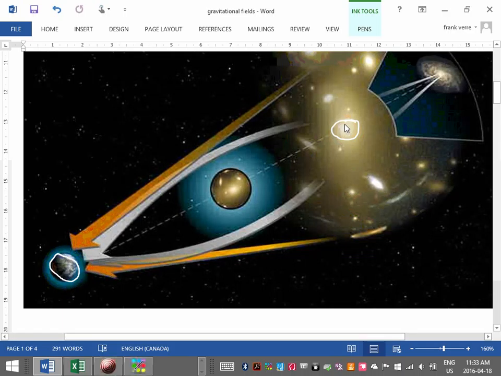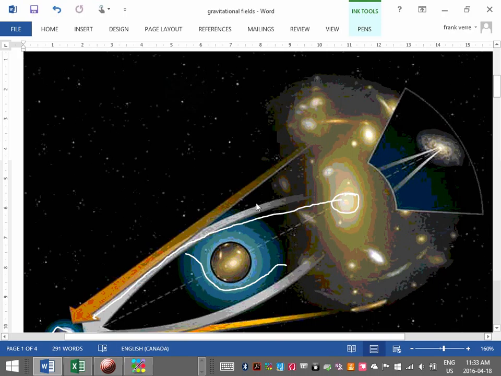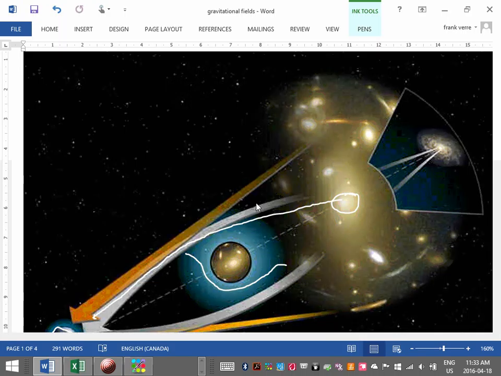Now, when you have an object that basically curves space and time, you have light coming out from the object, but because light is just going to follow that space-time curve, it's going to actually bend. So we can imagine that if we put a marble here and we let it roll, it'll curve as it goes around that bend. And that's the same thing with light, because light's going to travel through space and time, and if space and time are bent, then light will bend.